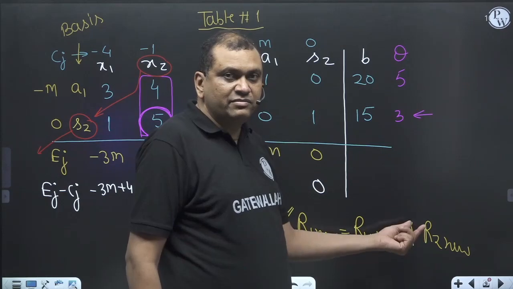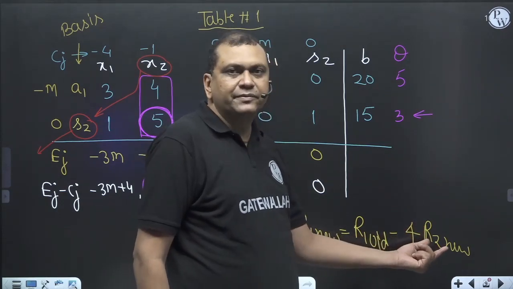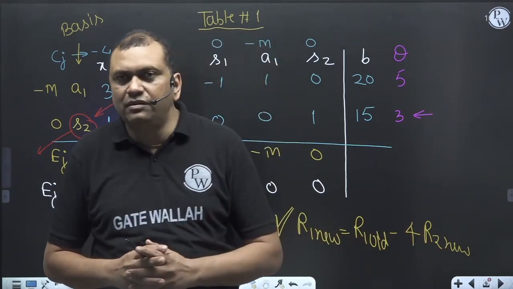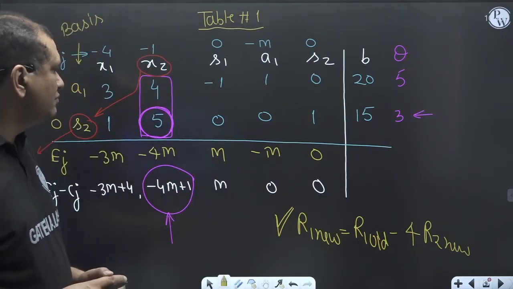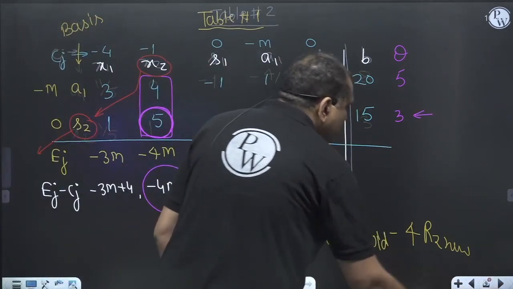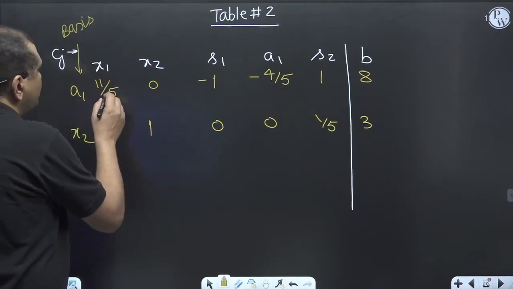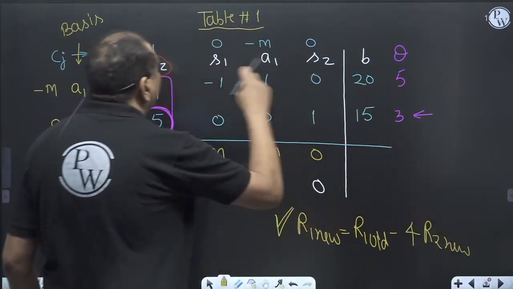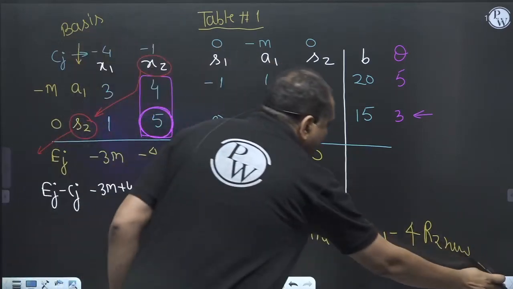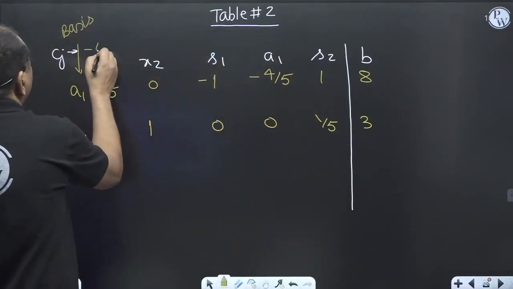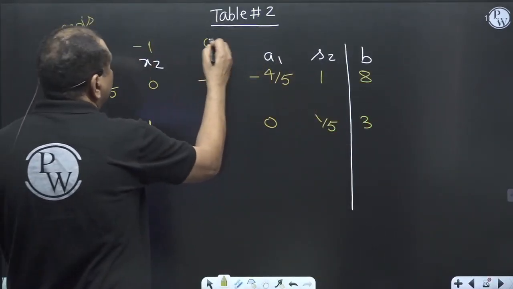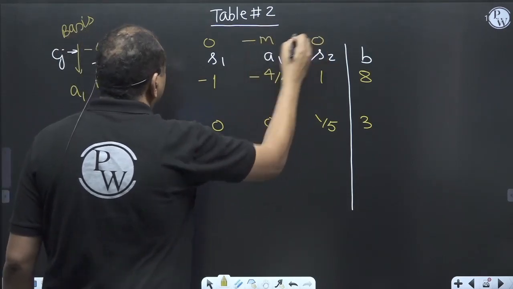Subtraction, addition, whatever I do, I do with the new row. So now this is my new table, and the coefficients are -4, -1, 0, -M, 0.